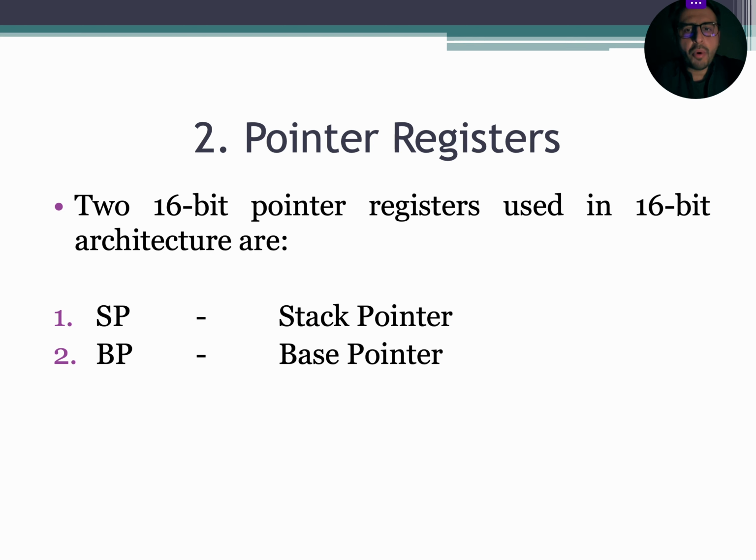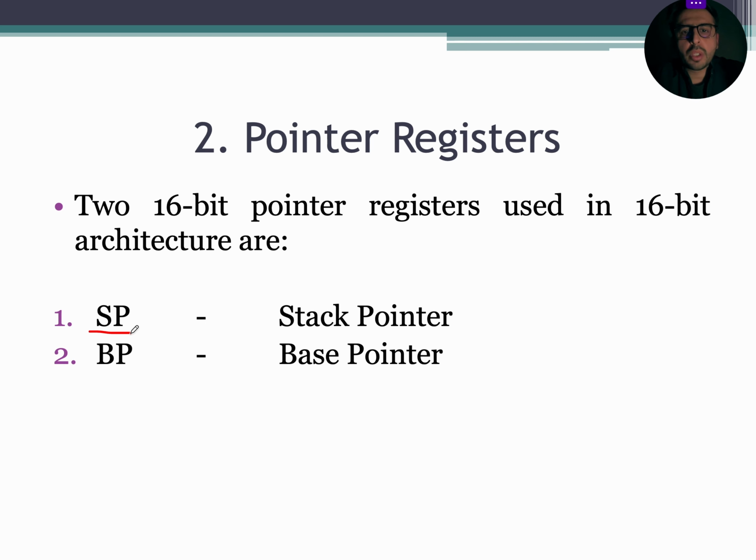Next are pointer registers. Two 16-bit pointer registers used in 16-bit architecture are SP stack pointer and BP base pointer. Number 1, SP. The 16-bit SP register is the stack pointer used to manage push and pop operations.